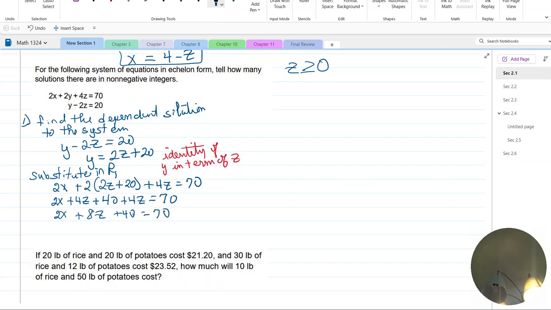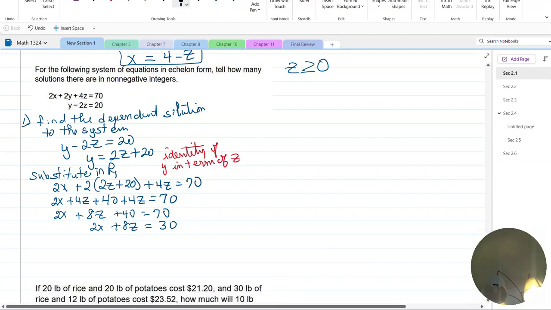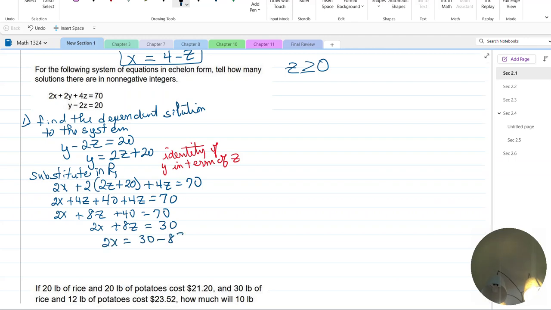All right, I'm going to subtract 40 from both sides. So I'm going to get 2x plus 8z equals 30. All right. And now I'm going to subtract 8z. 2x equals 30 minus 8z.